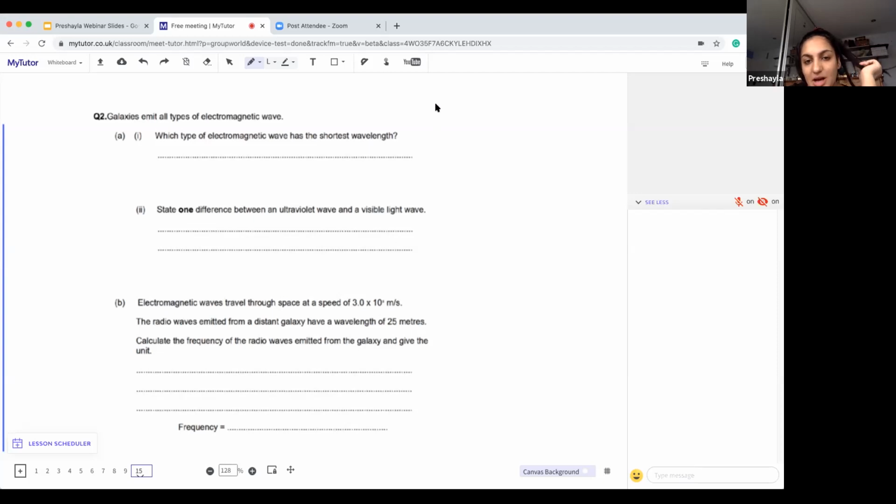Put your answers on the chat. What do you think it is? What has the shortest wavelength? Brilliant. Well done, Avni. Gamma rays have the shortest wavelength.